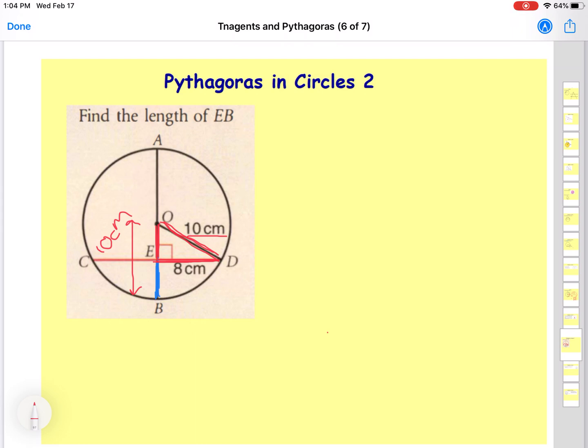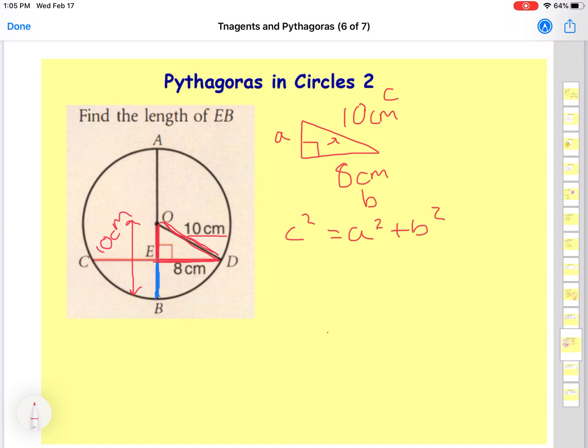I can do the 10 take away the section that I find from the triangle. So the triangle then looks like this. I'm just drawing it outside of the diagram so that I can see exactly what numbers to use. So using Pythagoras' theorem then, C is over there, A and B will be the other two sides. C squared equals A squared plus B squared.